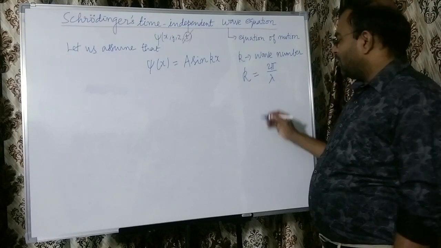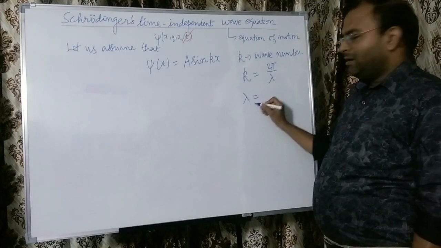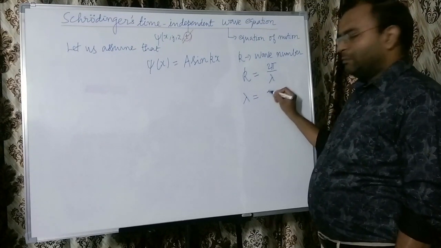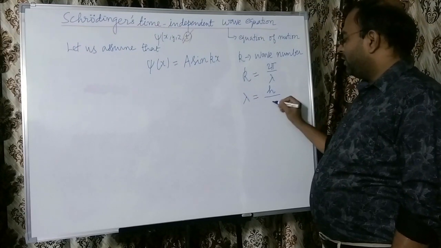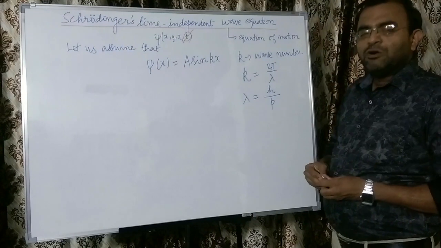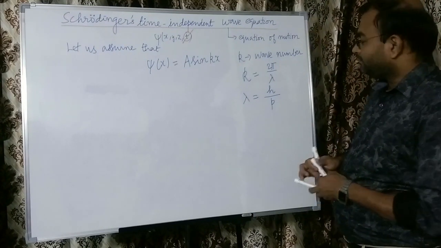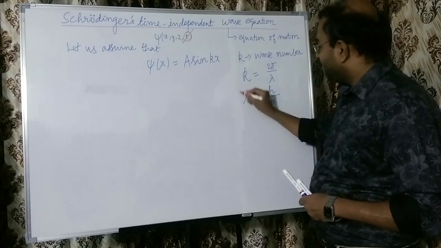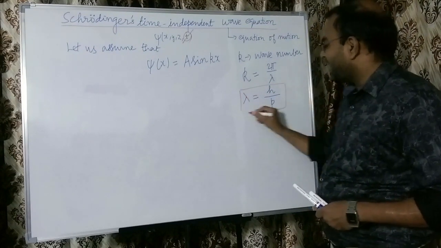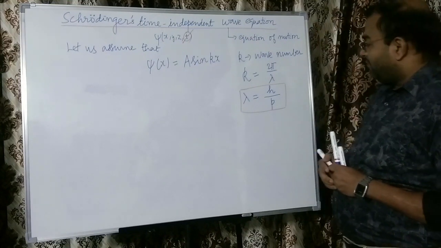Then the de Broglie wavelength for such a particle is given by lambda, which will be equal to Planck constant h over the momentum of that object. This is de Broglie's hypothesis in quantum mechanics. Right. It's very important to remember some of these fundamental ideas in quantum mechanics to derive Schrodinger's time-independent wave equation.